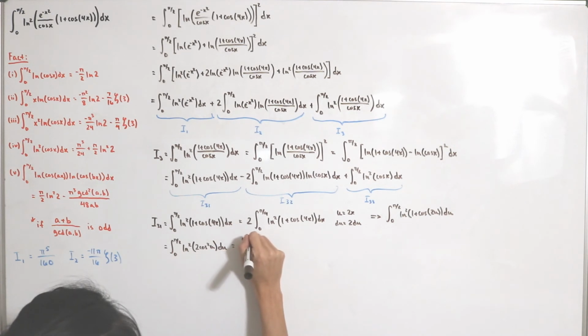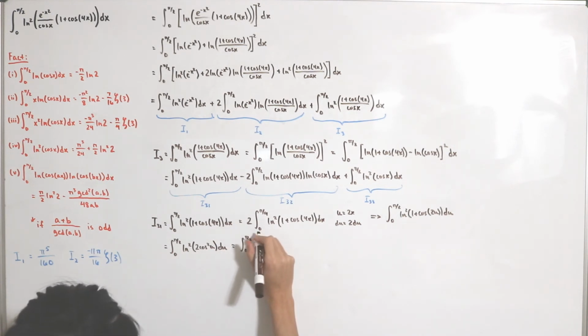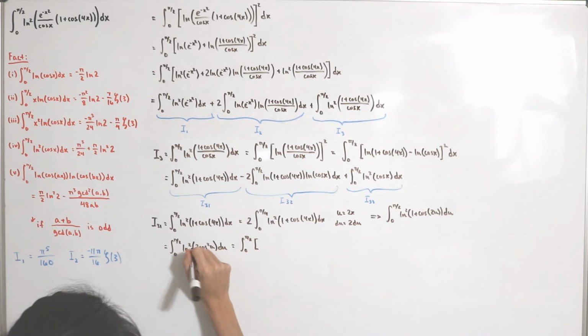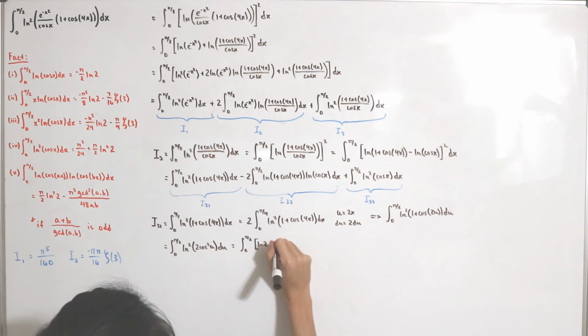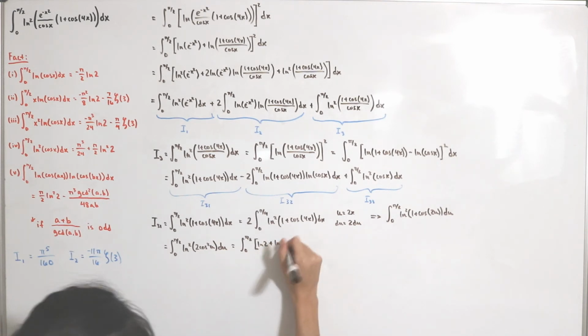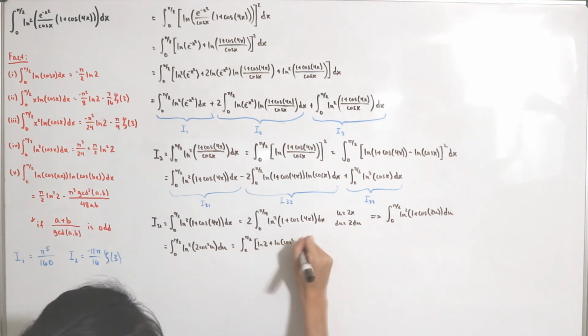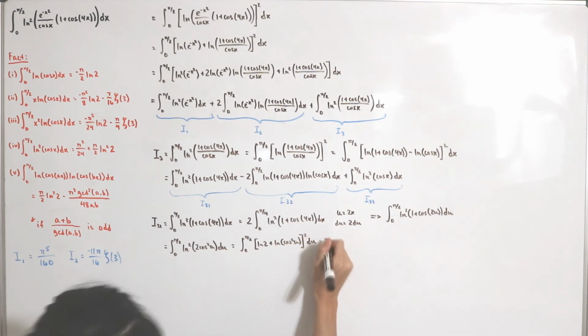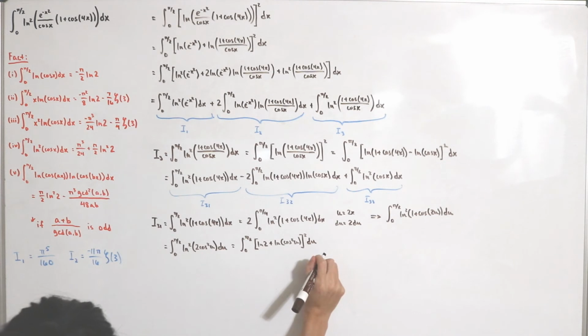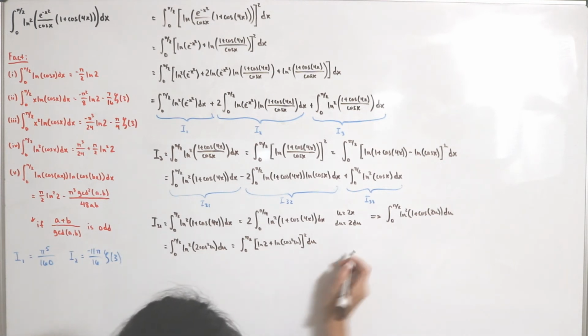So we have the same bounds, and don't forget there's a square, so I'll just put the exponent outside. This is simply ln of 2 plus ln of cosine square u, and then square, du.